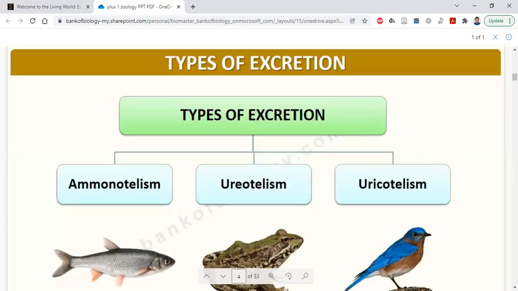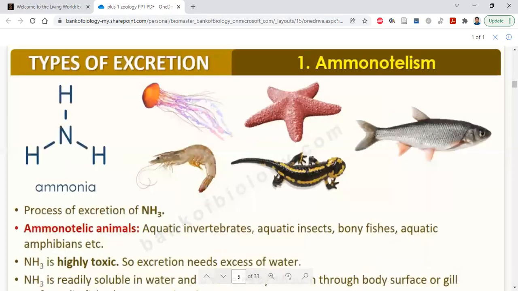Reptiles, birds, land snails, and insects excrete nitrogenous wastes as uric acid, in the form of pellets or a white paste, with a minimum loss of water, and they are called uricotelic animals. As you are seeing in the bird, uricotelism is one of the flight adaptations.